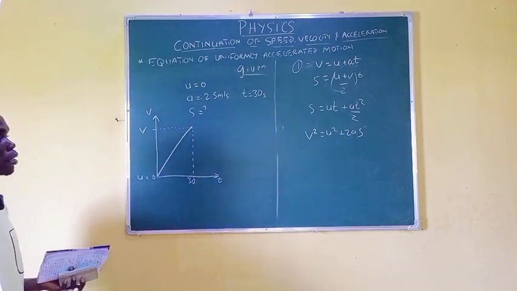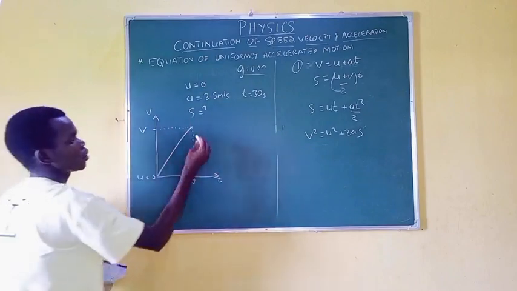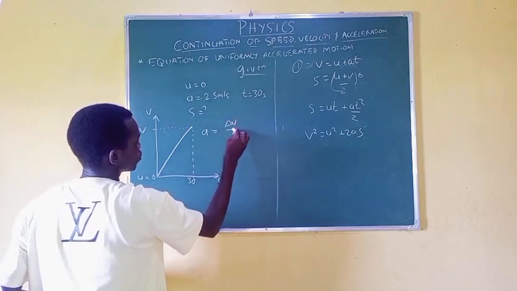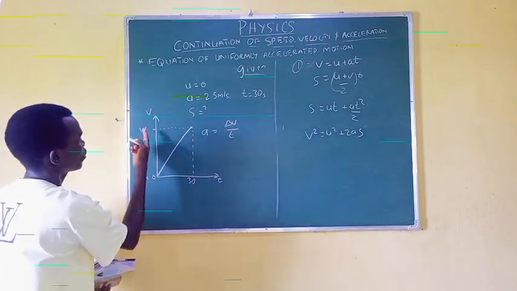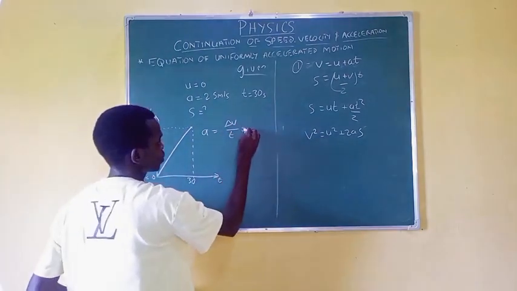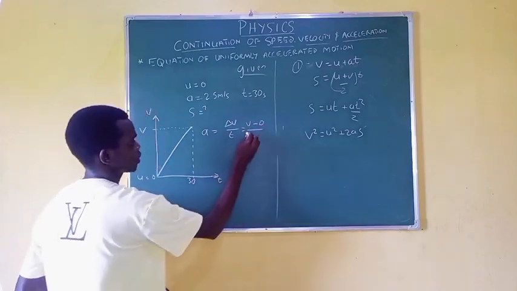So here is our velocity time graph. And we know that acceleration is equal to the slope, which is change in v over time. The final velocity minus initial, we now have v minus 0 over the time, which is 30.